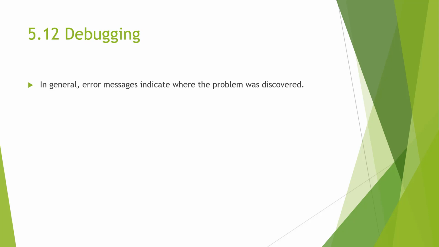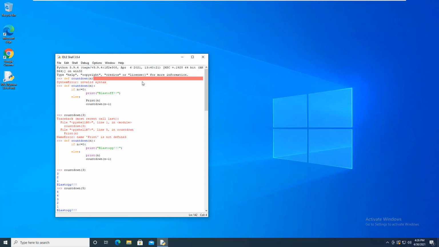Lastly is our debugging. In general, error messages will indicate what the problem is. So when we start getting through our examples and exercises, look at the error messages. In our example earlier, invalid syntax let us know that this red area is where the error message is. I forgot the colon.